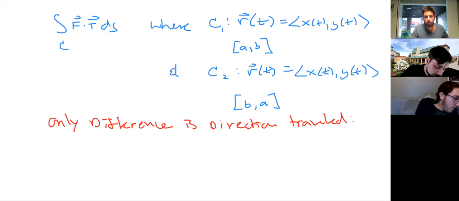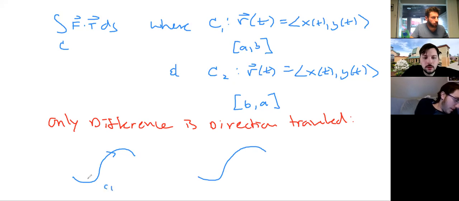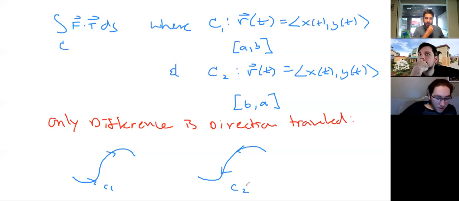So if I were to call this C, this direction is C1, and then C2 would be coming the other direction. Now, the only way this is going to make sense to you is if you pick specific examples. What's a very simple curve to pick? Why don't you pick a circle? And then pick a simple f, like 1, 1, or pick anything. Just pick a very simple thing, and work with it. Get an idea, the intuition for what's happening.